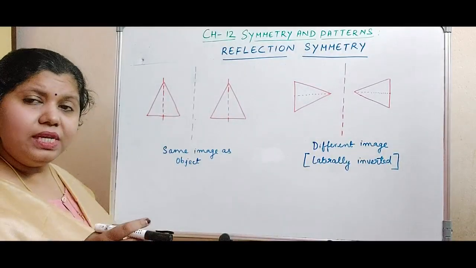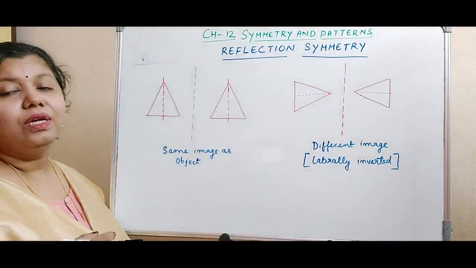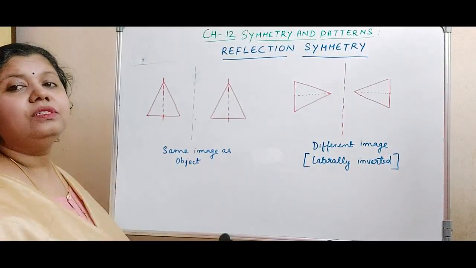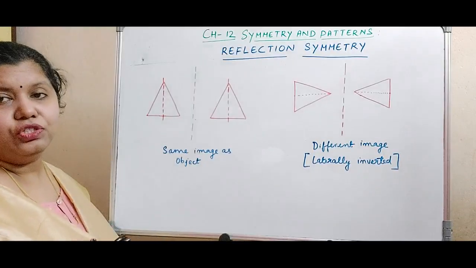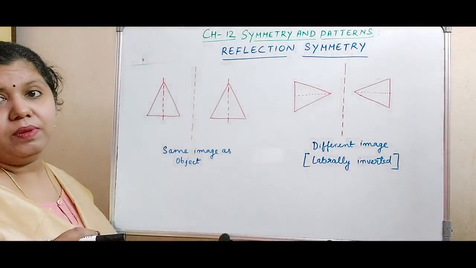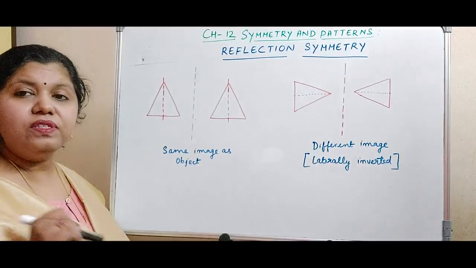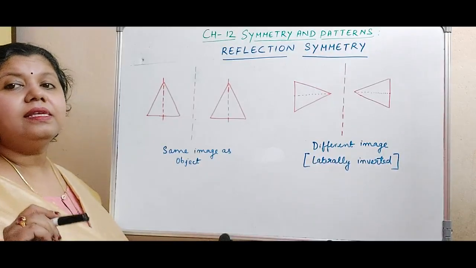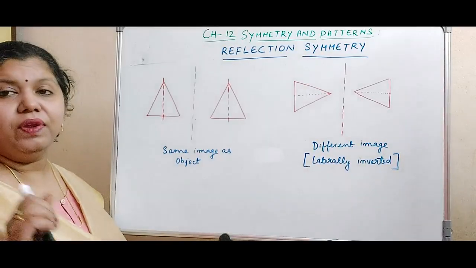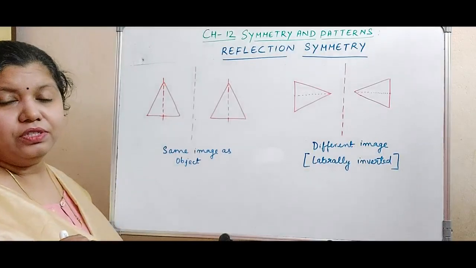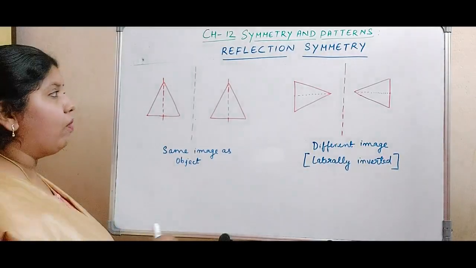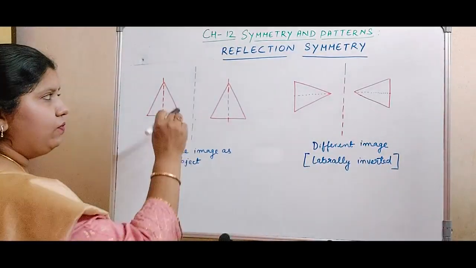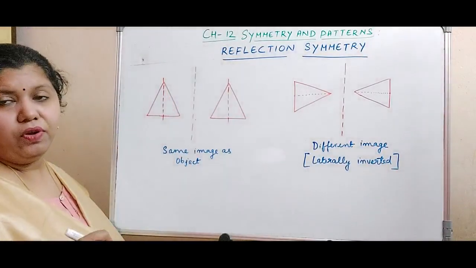Is it placed horizontally or vertically? Both these things are responsible for changing the image. First is the line of symmetry of the object, and second is the position of the mirror between the object and the image. You have to see the position of the mirror for the particular object.